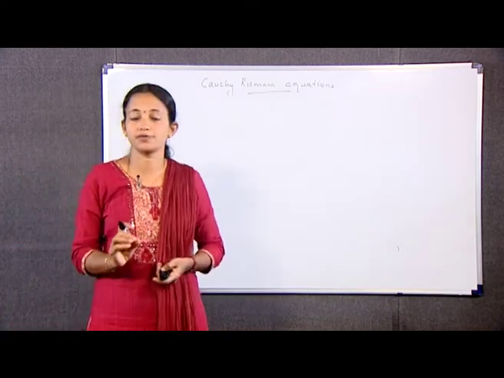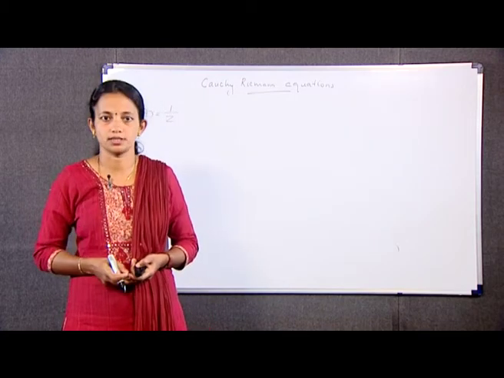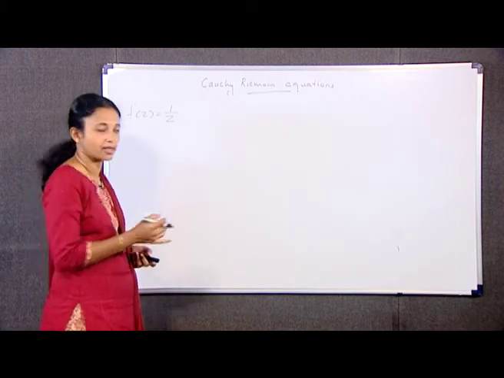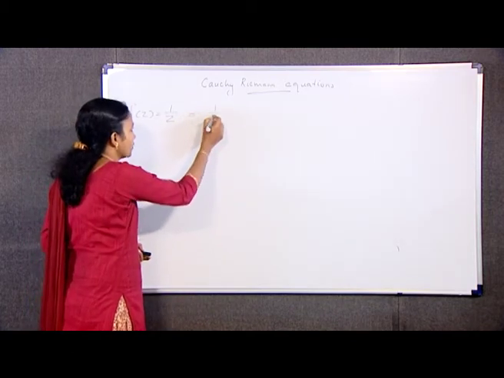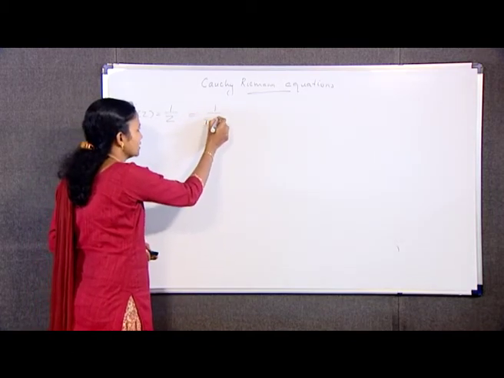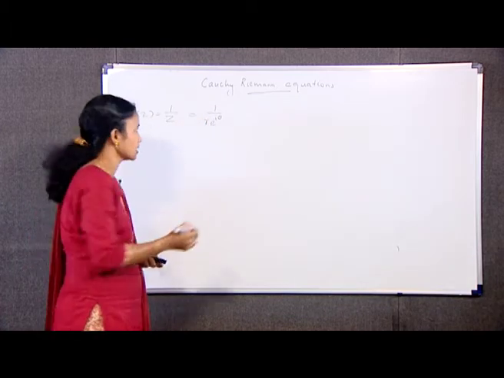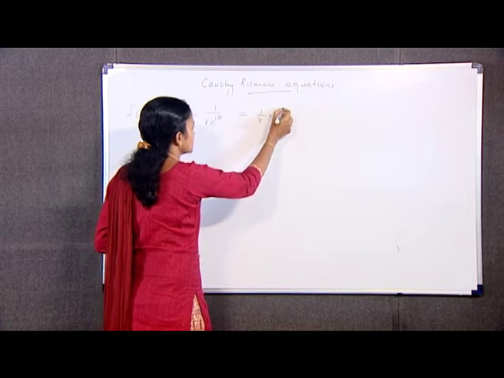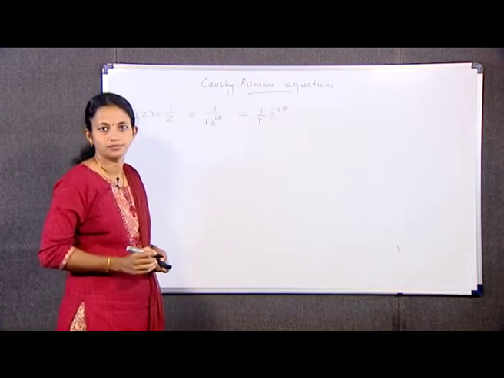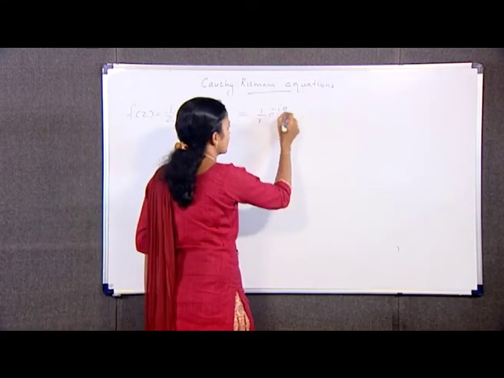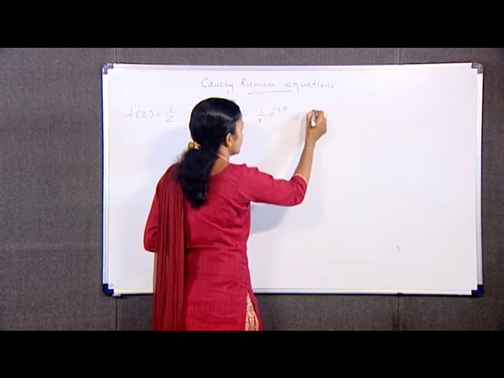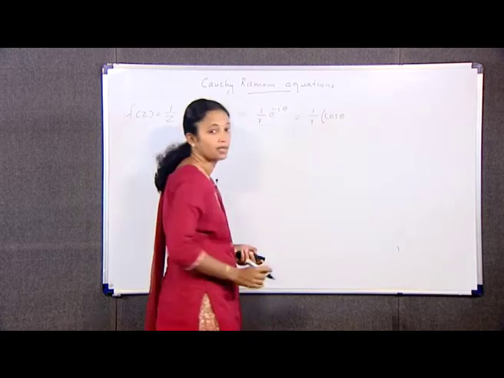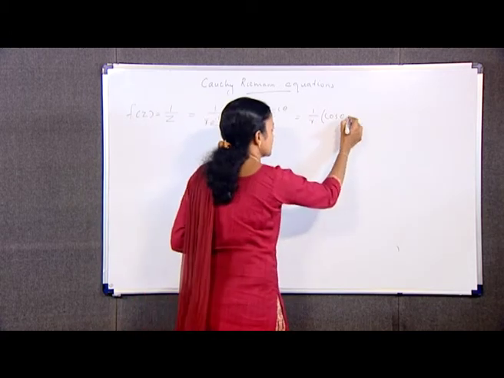Here the function is defined at non-zero points, and f z is equal to 1 by z can be written as 1 by r e raised to I theta, which is equal to 1 by r into e raised to minus I theta, which is equal to 1 by r into cos theta minus I sin theta.